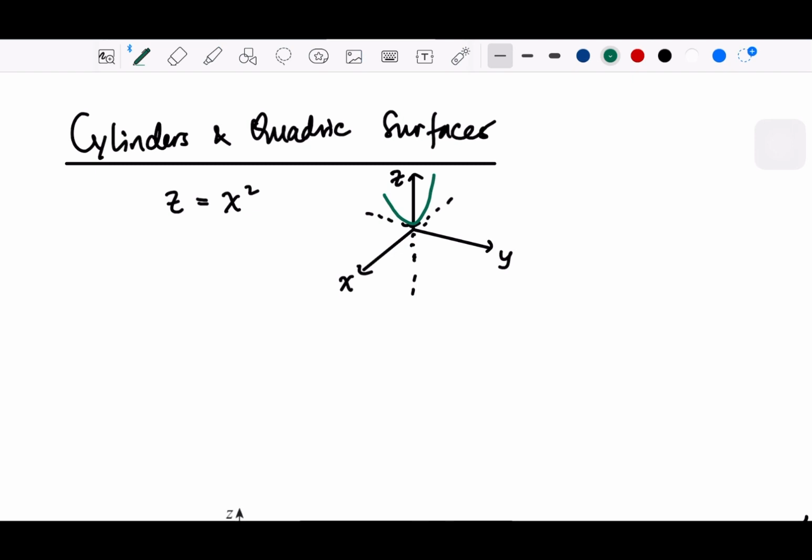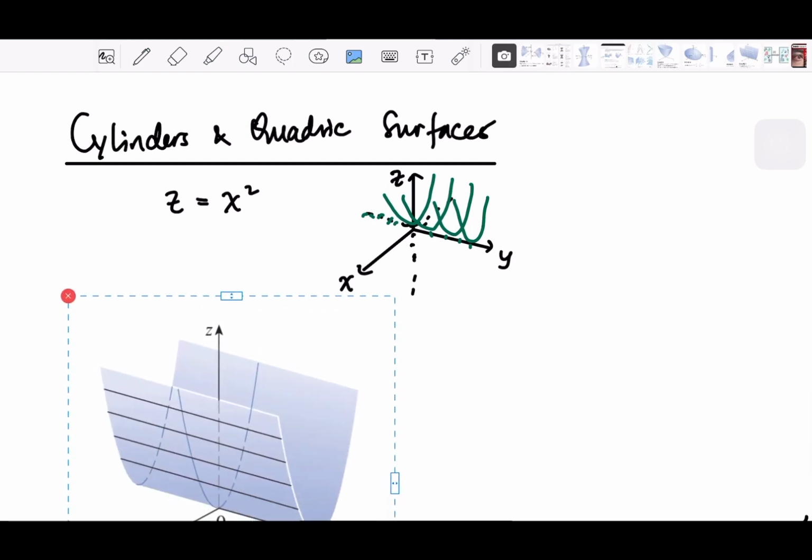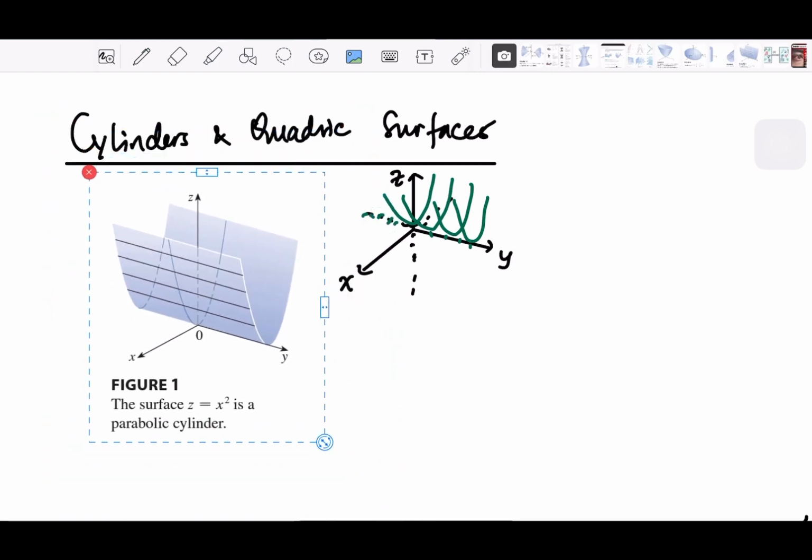But then there is no mention of y, right? The y-axis. Which means that at every point of y, this z equals x squared will also apply. So we could have that, that, and that. If we take all together, then we get this image.